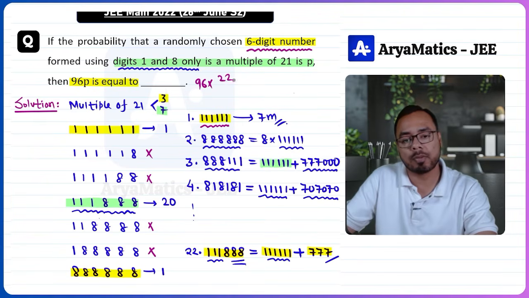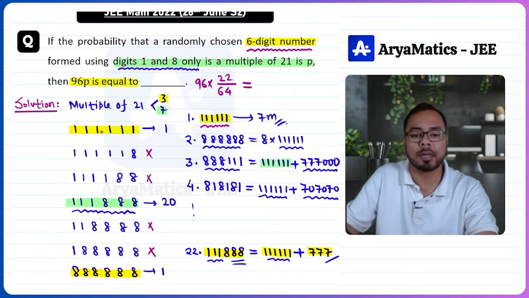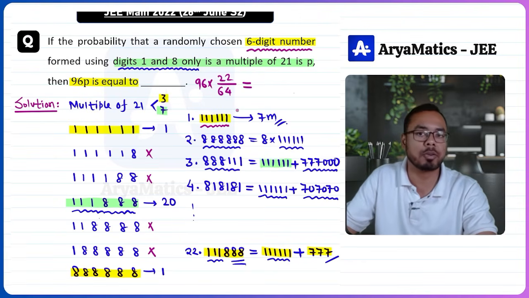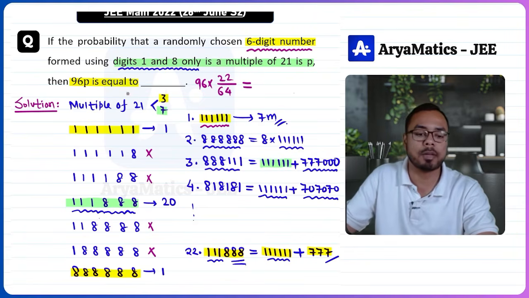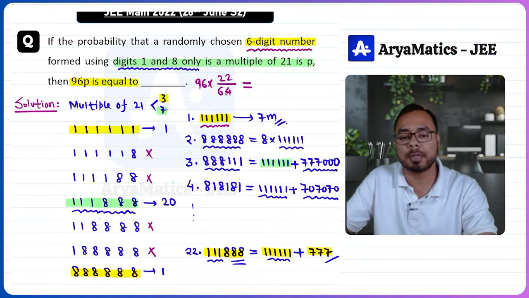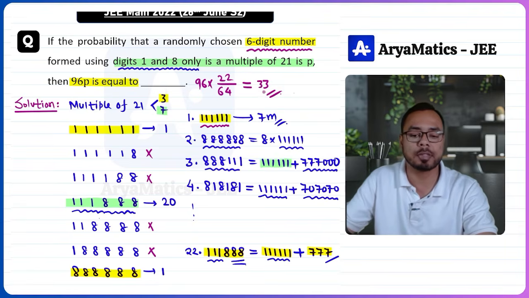So we have 22 favorable cases, total number of cases 64. Out of 64 possible numbers, 22 are multiples of 21. So therefore, p will be 22 by 64, and 96p will become 3 into 11, that will be 33. So that should be the correct answer for this problem.